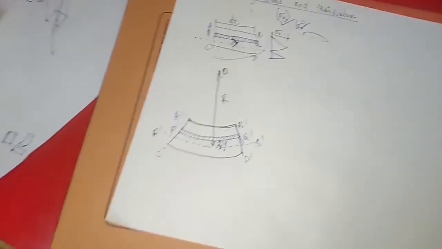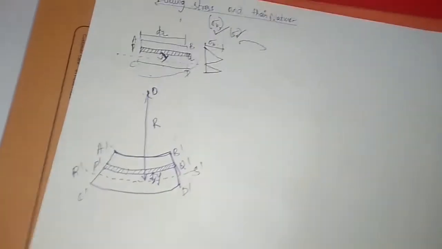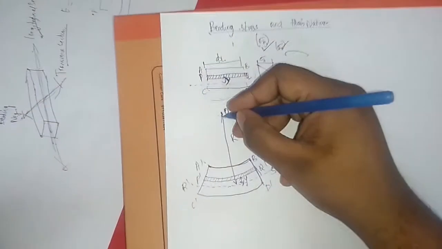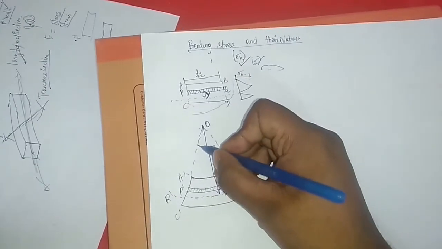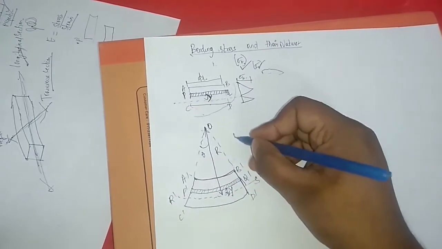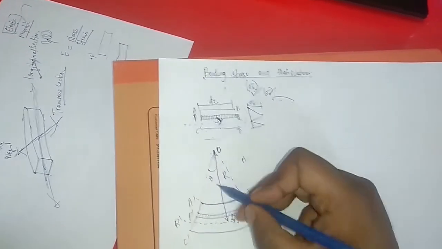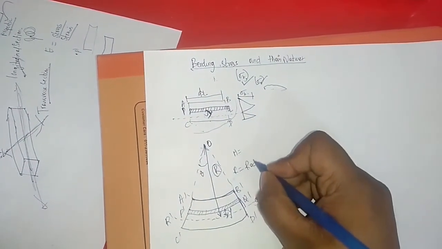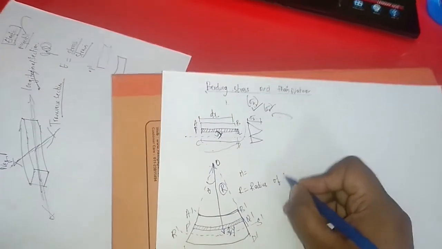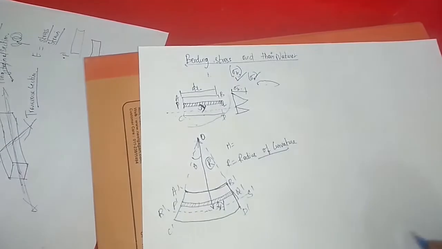Now I'm going to calculate the bending stress in this arc. We will take an angle of theta, and M is the moment acting on the beam. R is the radius of curvature of the beam.